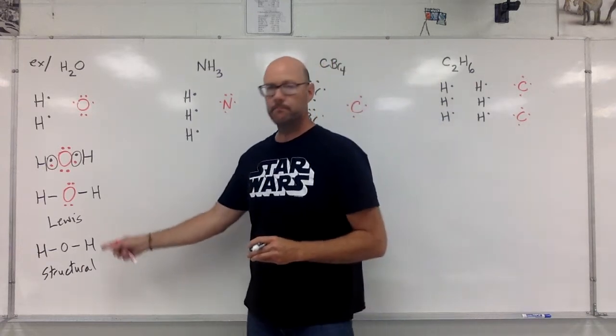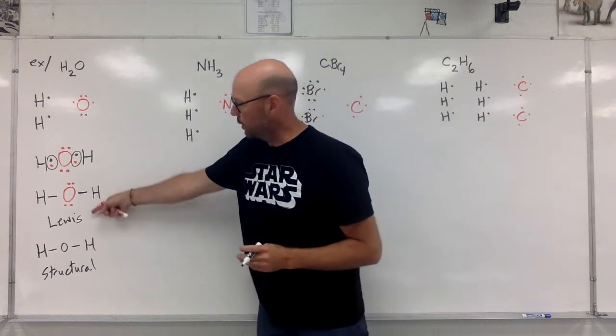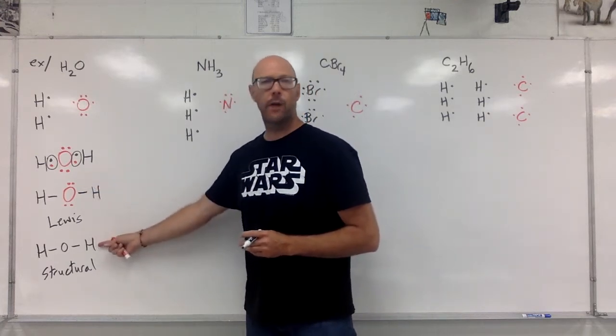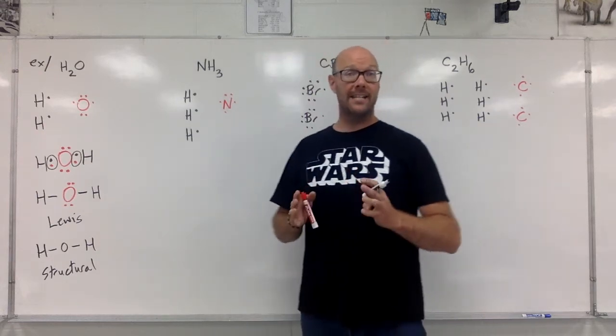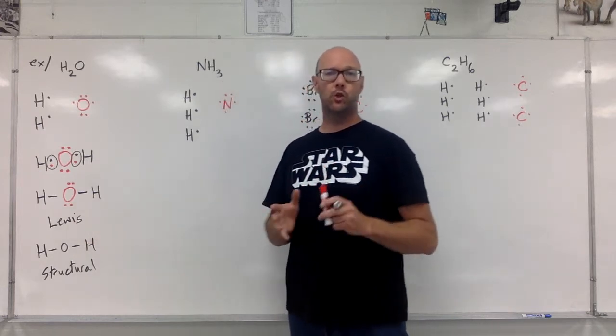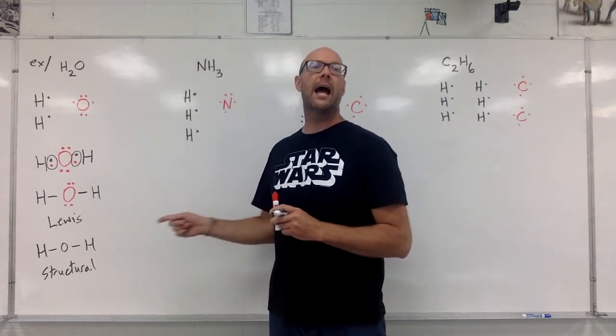Notice they're the same. I've changed the color for the oxygen to make them stand out. But here in the Lewis diagram, we have the lone pairs. In the structural diagram, we do not. We satisfied that table. The oxygen does have 2 bonds because oxygen has 2 bonding electrons. It has these 2 bonds touching it, and the hydrogens have 1 bond.